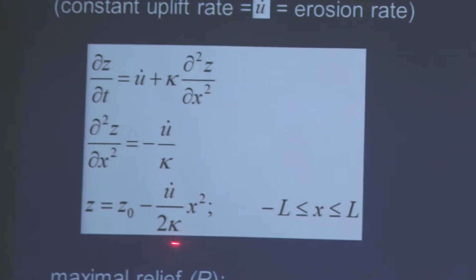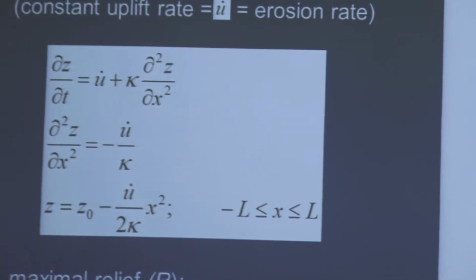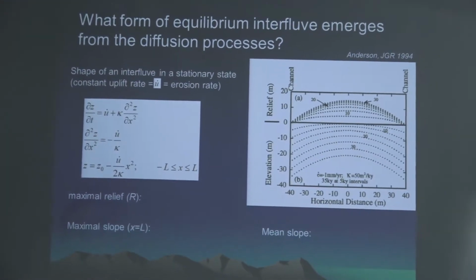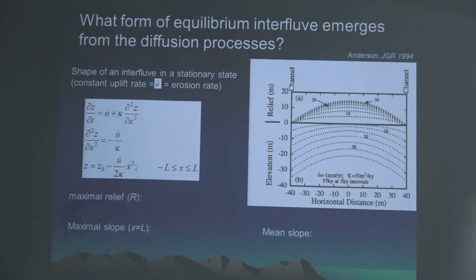So this is the equation of a parabola. So it means that the equilibrium shape of an interfluve, if the hill slope is affected only by diffusional processes, is some kind of parabola.